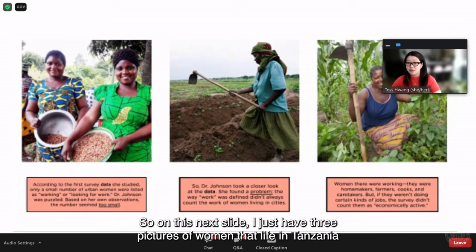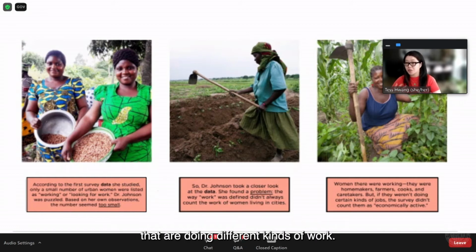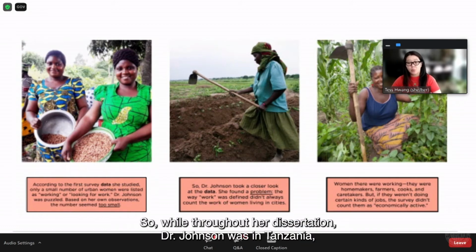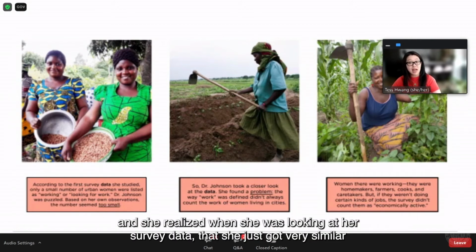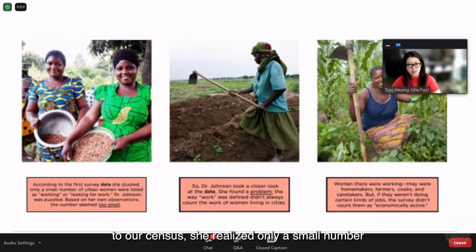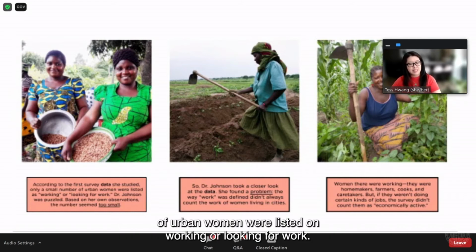So on this next slide, I just have three pictures of women that live in Tanzania that are doing different kinds of work. So while throughout her dissertation, Dr. Johnson was in Tanzania, and she realized when she was looking at first survey data that she just got, very similar to our census, she realized only a small number of urban women were listed as working or looking for work.